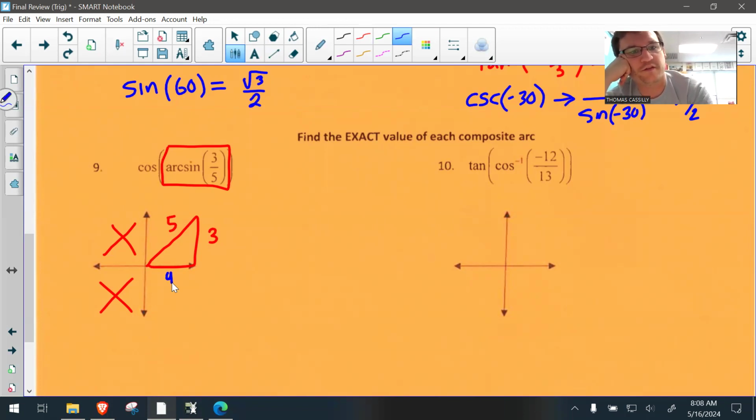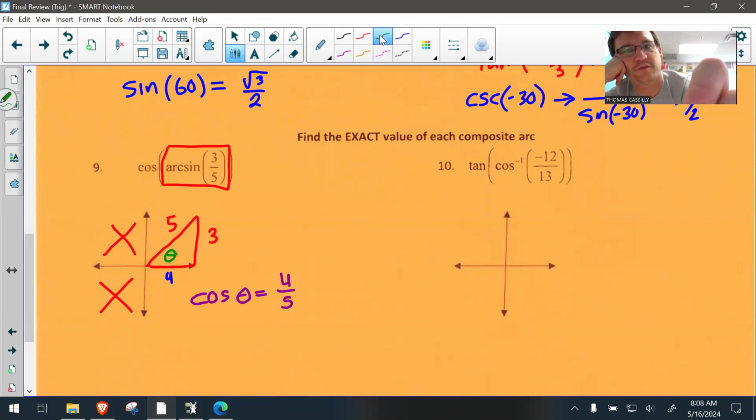Right? So basically, what they're saying is this arc sine, they're kind of defining this angle right here with that 3 and that 5. Right? So now basically what they're saying is using this same triangle, find the cosine of this angle. Right? Well, the cosine of theta is just equal to 4 over 5.